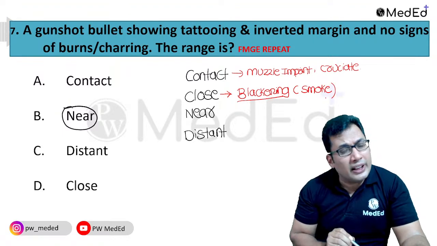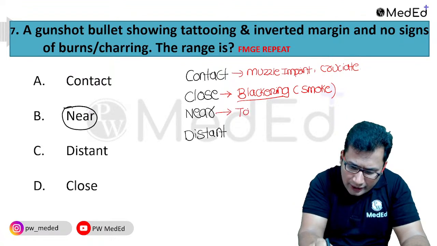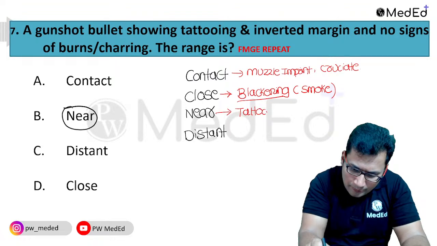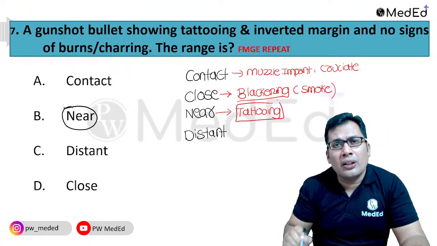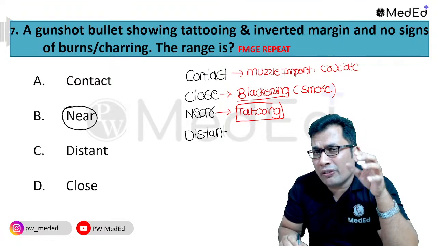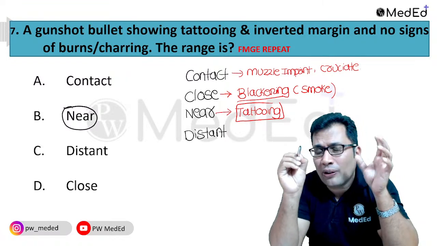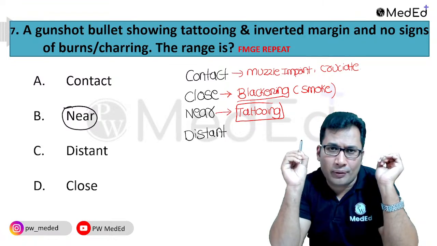Next, near shot. In near shot, the finding will be tattooing. Again, a question can be asked, what is tattooing? Tattooing is superficial entry wounds around the main entry wound because of unburnt gunpowder.